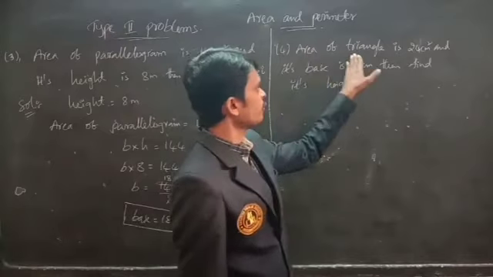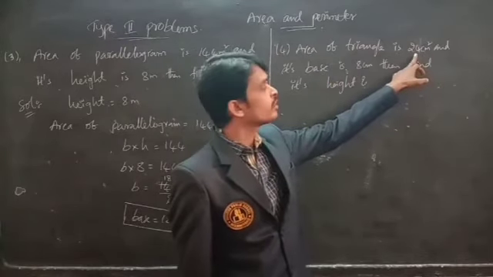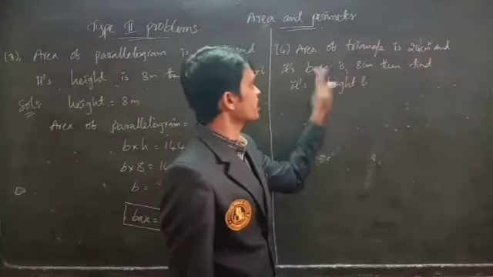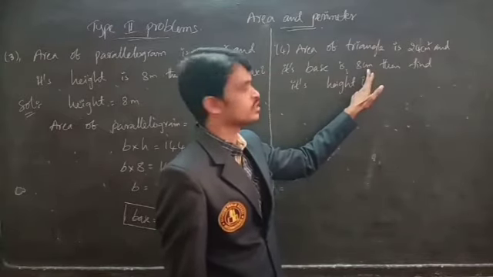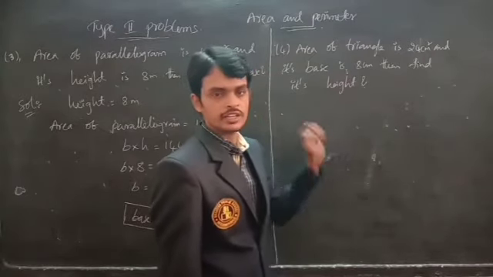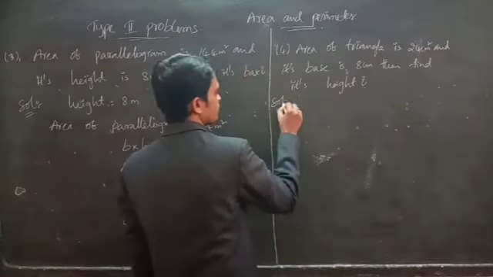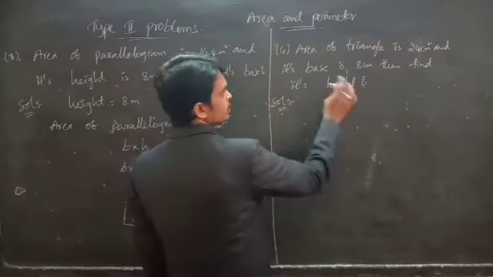The given area of a triangle is 24 centimeters square and its base is 8 centimeters. Then we have to find out its height. Solution. First, what is given?